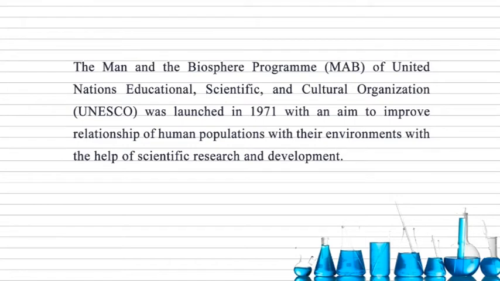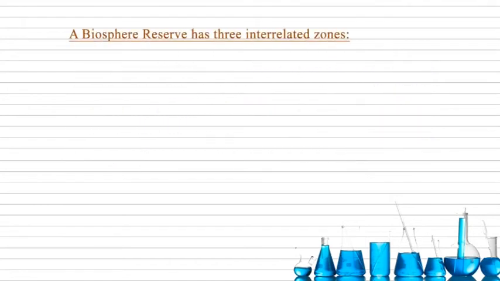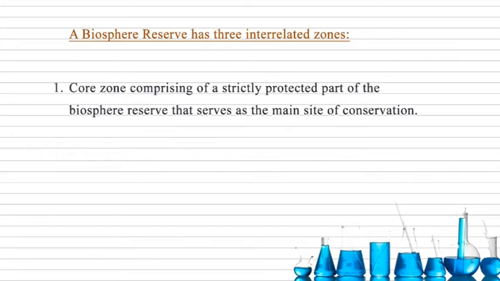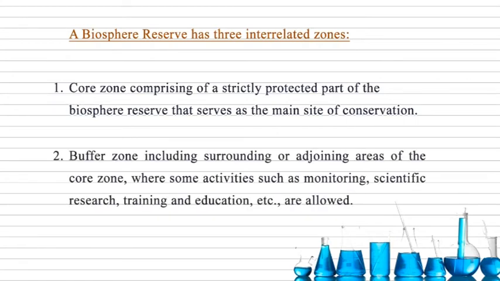and development. A biosphere reserve has three interrelated zones: a core zone comprising of a strictly protected part of the biosphere reserve that serves as the main site of conservation, a second zone known as the buffer zone including surrounding or adjoining areas of the core zone where some activities such as monitoring, scientific research, training and education etc. are allowed.